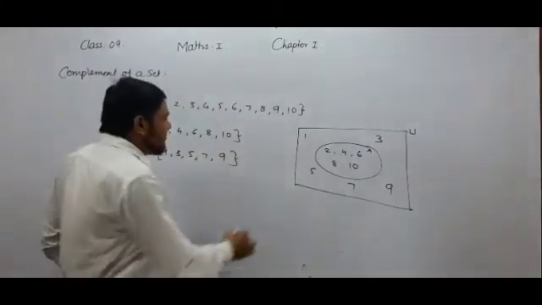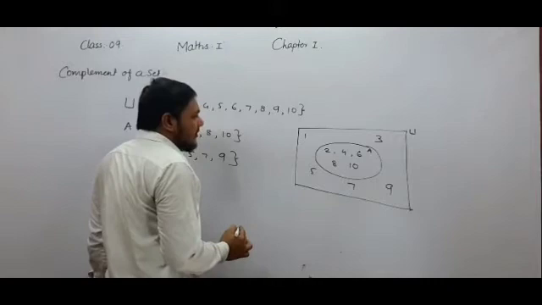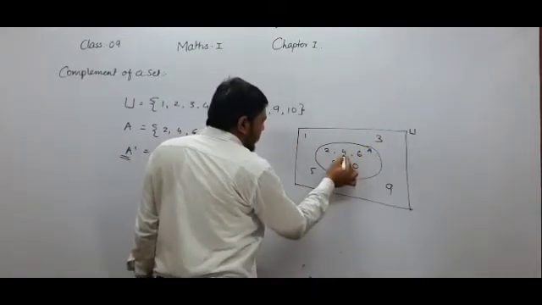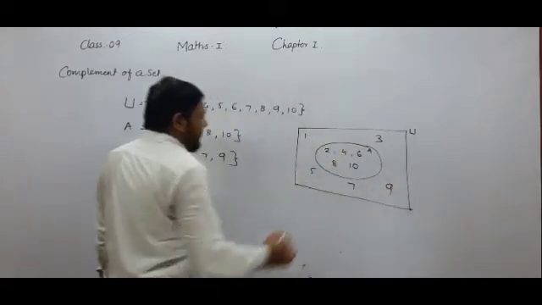So this whole rectangle is the universal set which contains the elements 1, 2, 3, 4, 5, 6, 7, 8, 9 and 10.